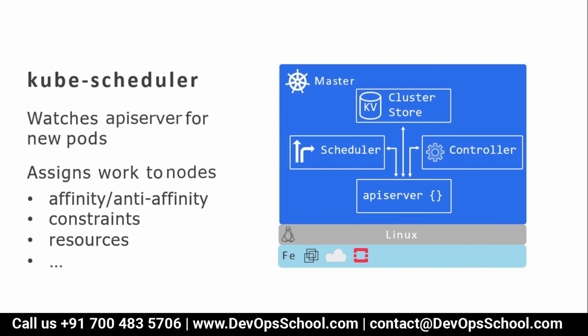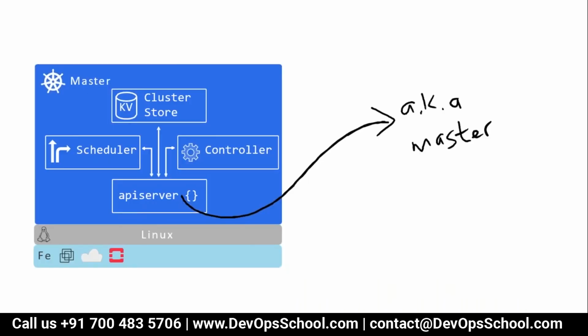That's the reason we call it the scheduler. The scheduler assigns the work. In short, all these things together we call the master, aka the control plane.